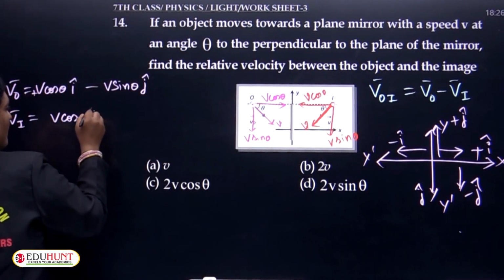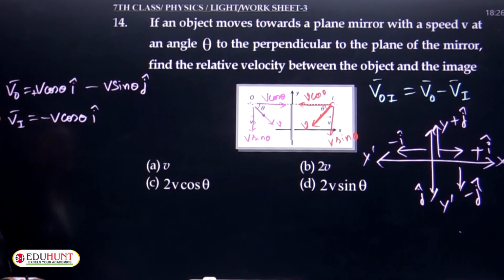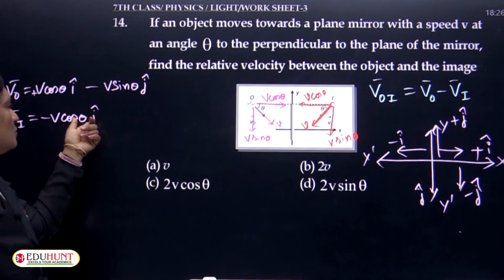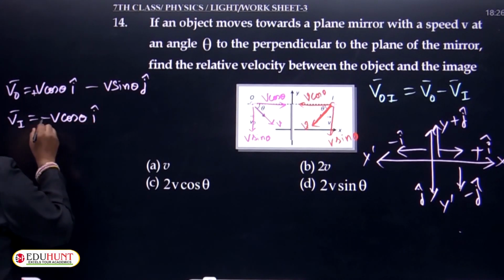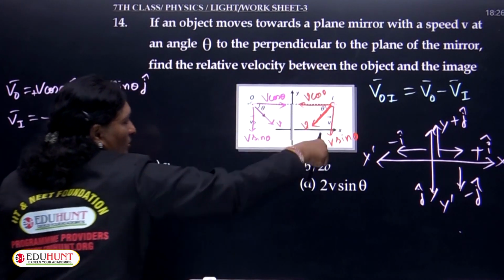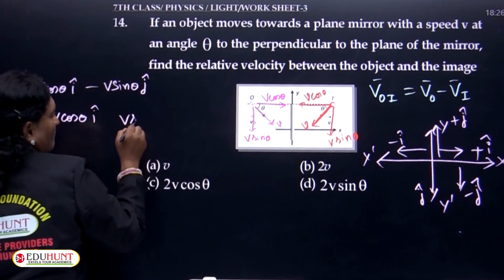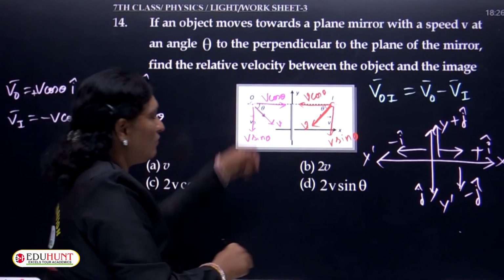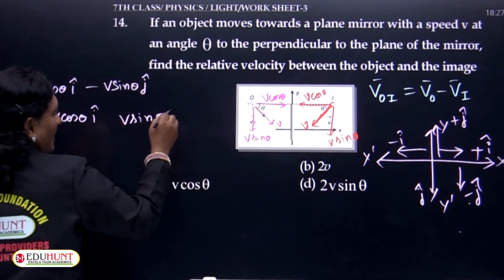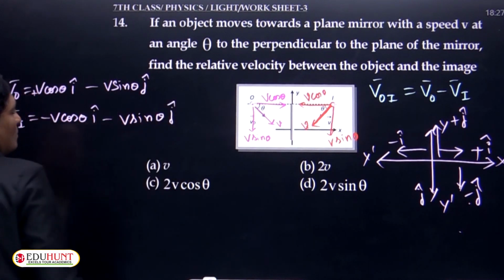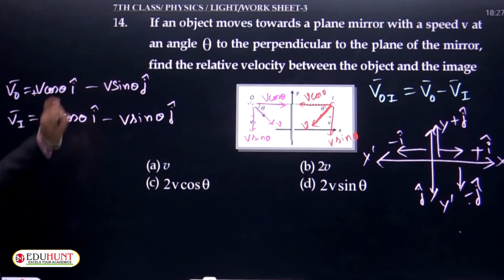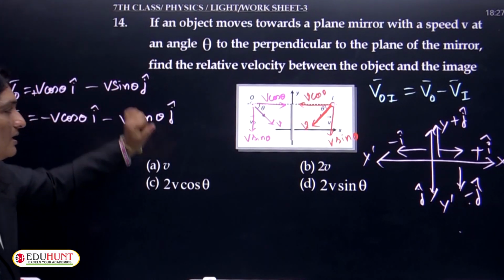So velocity vector along horizontal is v cos theta into minus I cap. Next, the vertical component. What is the vertical component? v sin theta. Downward motion is generally taken as minus j cap. Okay children, so this is all about your object velocity and this is all about your image velocity.